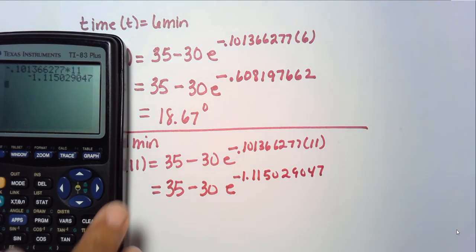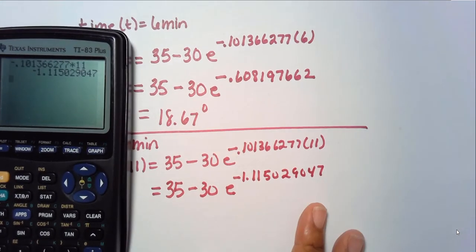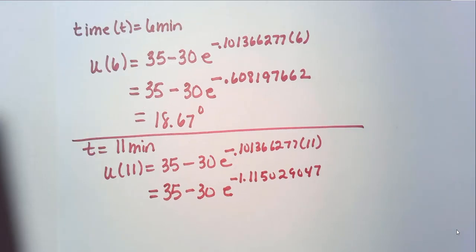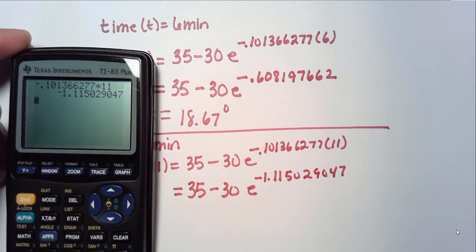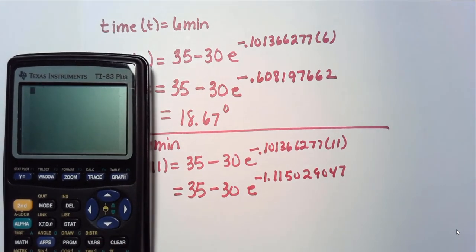You see what we get as a decimal: negative 1.115029047. Here is how I enter this into the calculator. Let's put in our base e first, with negative 1.115029047.